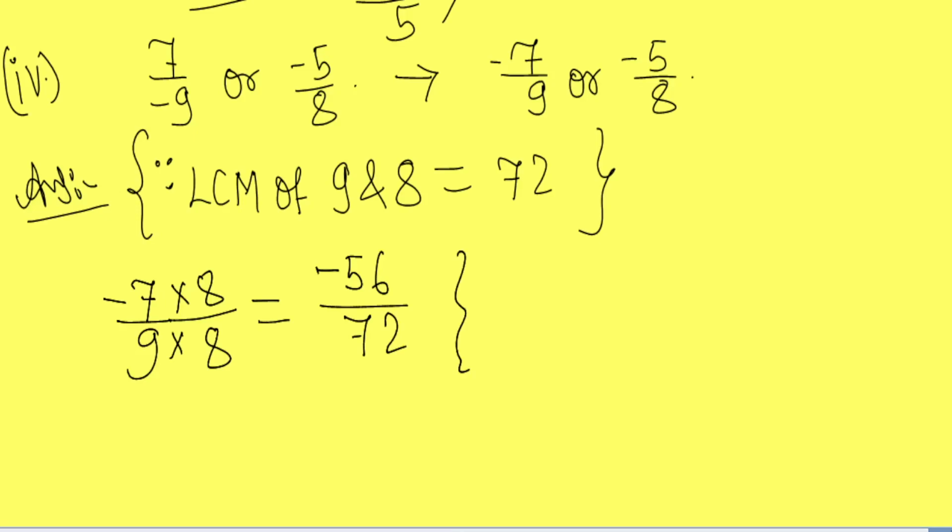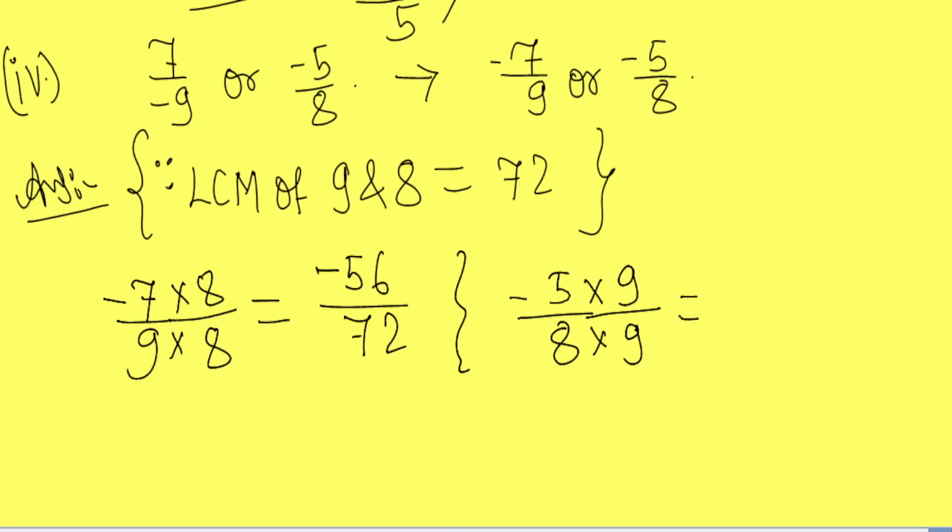Moving forward, we take the next rational number -5 upon 8. What should we multiply with 8 so that it becomes 72? We will multiply with 9. Because we have multiplied in the denominator, we also have to multiply in the numerator.